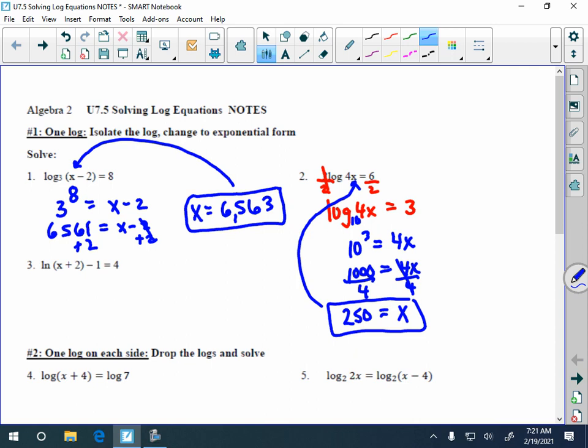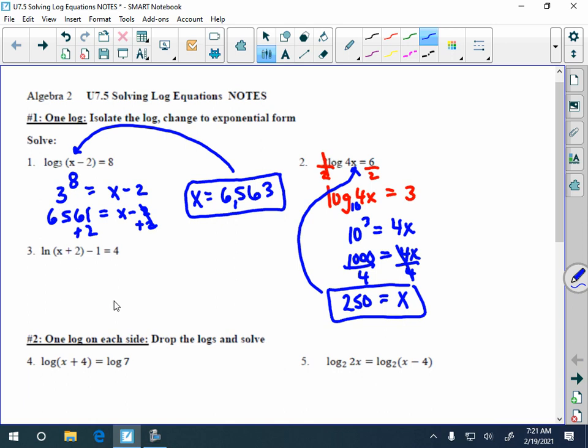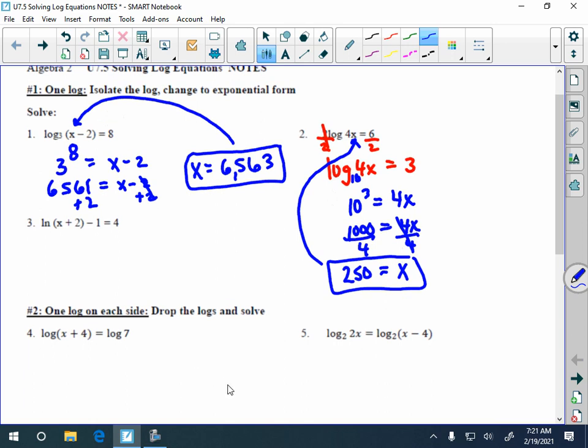All right, number 3, natural log of (x plus 2) minus 1 equals 4. The first thing here, we have that minus 1 that we have to add over to the other side. It's good to keep the parentheses so you don't try to subtract the 2 over, because you can't break it up, since the natural log is in front of it.